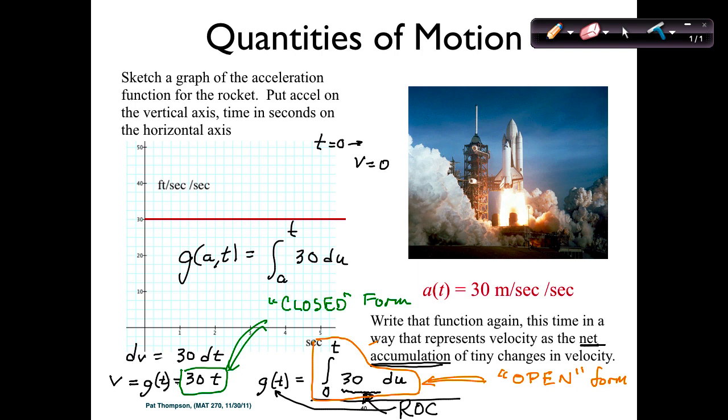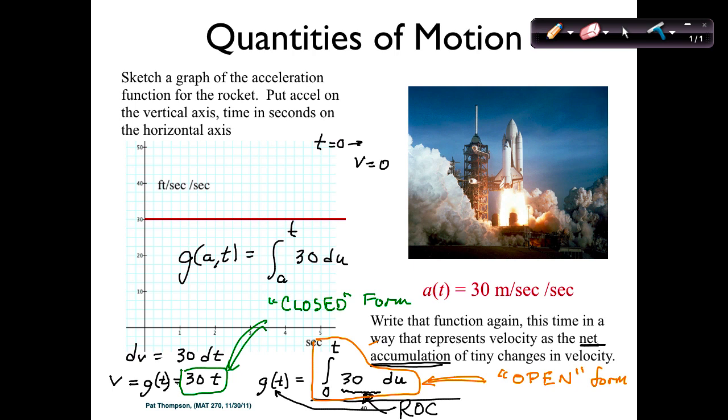Like I said, all semester we've been setting up open form net accumulation functions. In a week or so we're going to spend a whole unit on learning techniques, starting with open form accumulation functions, to write them in closed form, so that we have this form that helps us generate values of the dependent variable fast and easily.